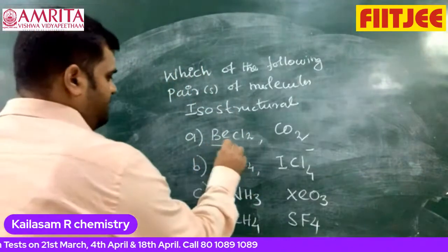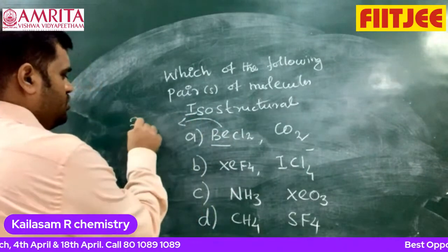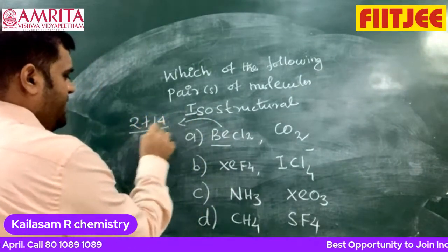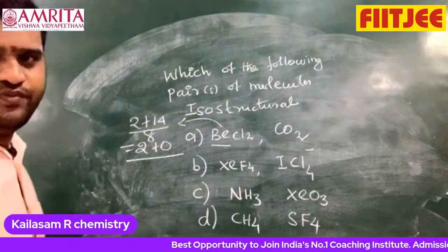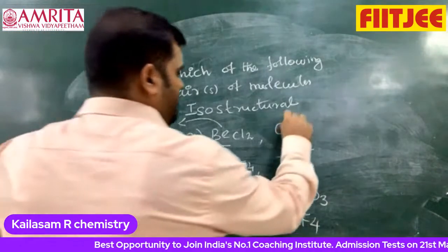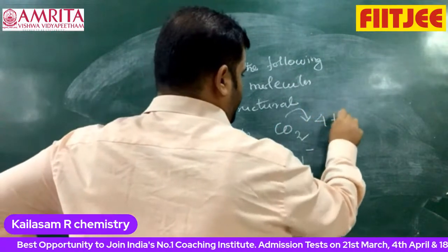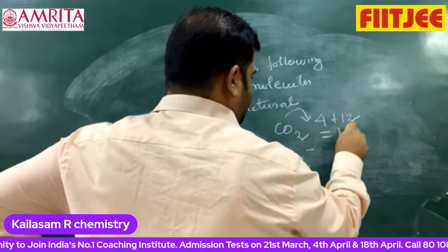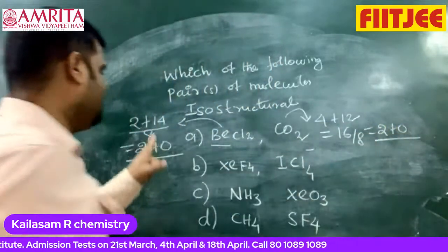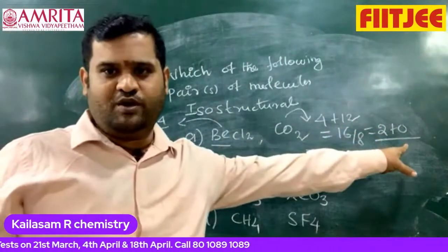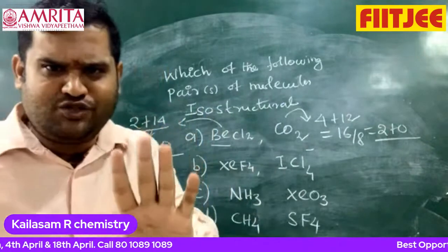For BeCl2, 2 plus 14 by 8 gives 2 plus 0. For CO2, 4 plus 1, 16 by 8, gives 2 plus 0. So both are isostructural.